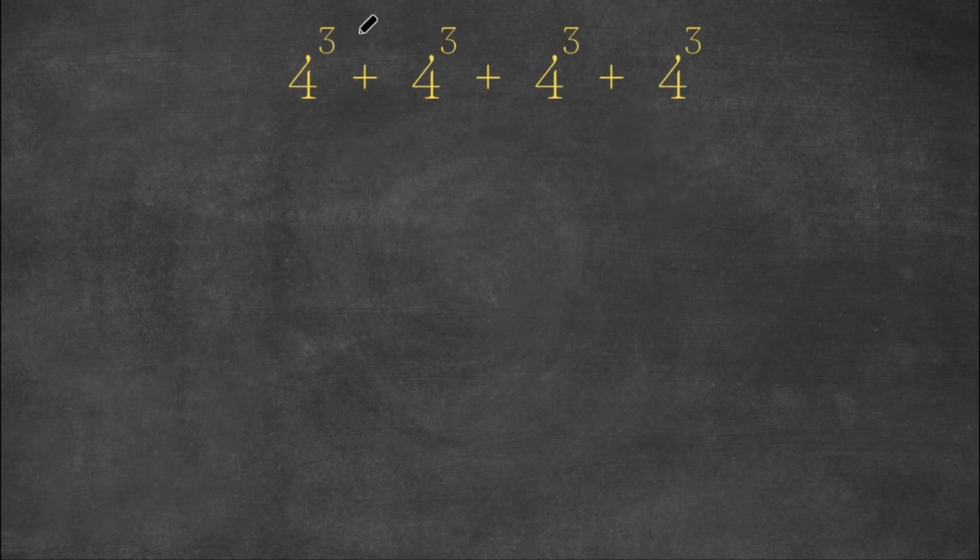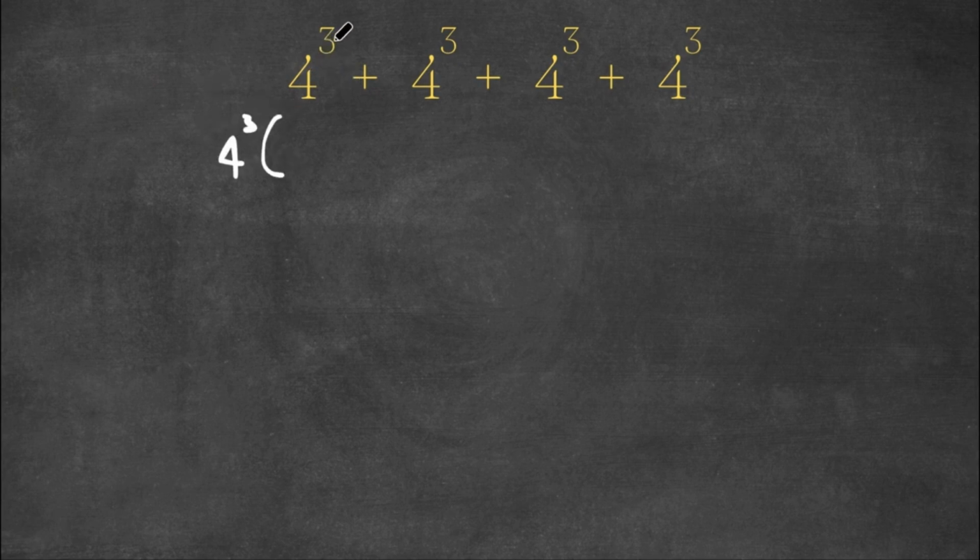So we have 4 to the power of 3 plus 4 to the power of 3 plus 4 to the power of 3 plus 4 to the power of 3. Now what I'm first going to do is factor out 4 to the power of 3 from this problem. So if I factor out 4 to the power of 3, I get 4 to the power of 3 times.